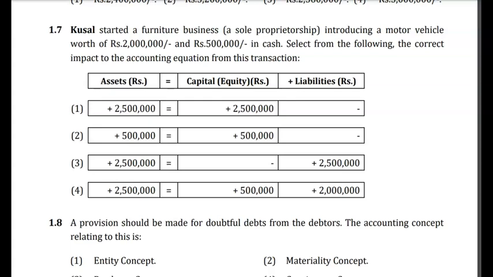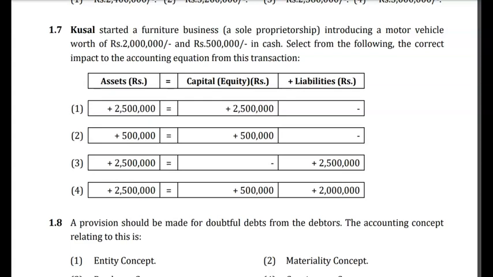Now we should know that these are not a liability. So in the answer number 3 and 4, liability is also on the other side of the equation after the equal sign. Liabilities are also increasing by 2.5 million in the third answer. So this is not a loan.